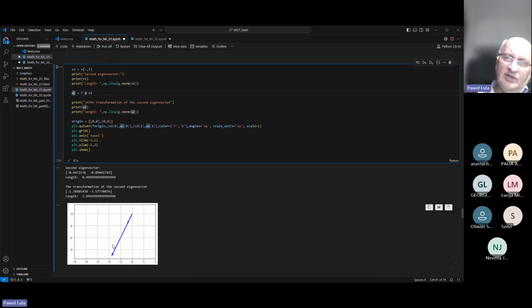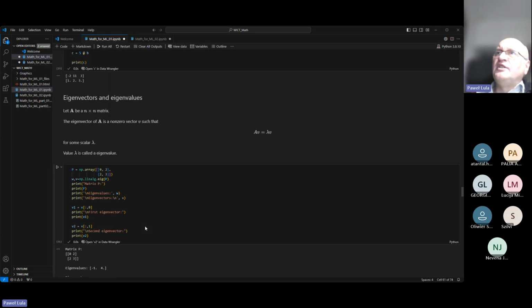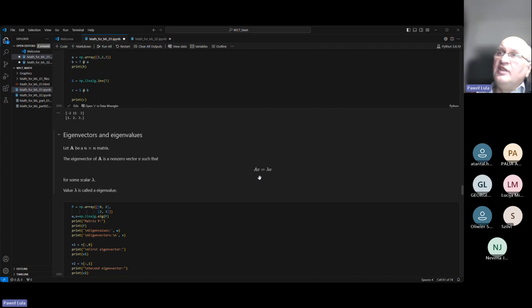Of course, I think it is now obvious for us, but we can also say that it should be obvious after seeing the definition of eigenvectors.